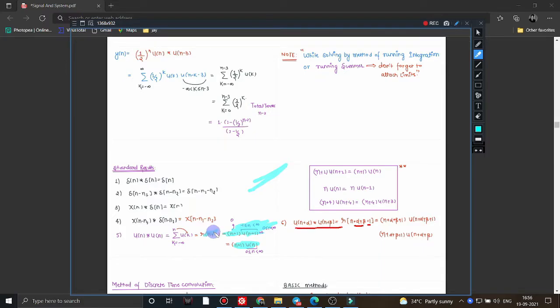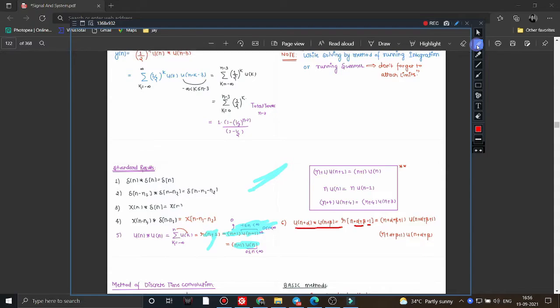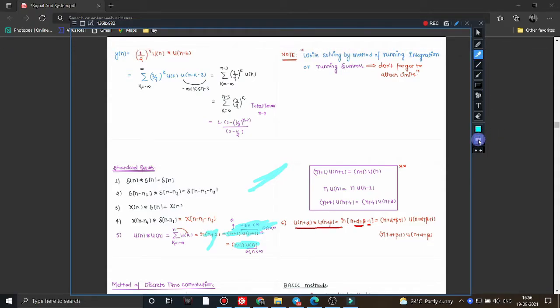From here: if we take the running summable of un, we get rn plus 1. So do remember that this 1 is extra here. We have to remember that.